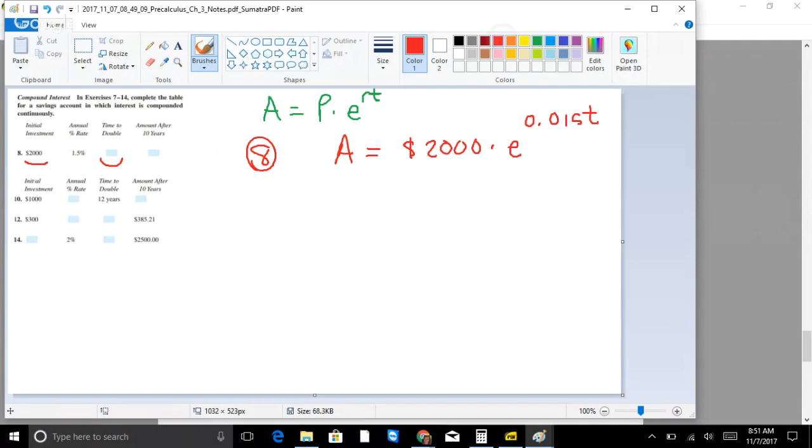So when is my amount going to be $4,000, if I start with an initial amount of $2,000? And when you look at this, what do you see? You see that your unknown, what you're trying to solve for, your time, is in the exponential position.